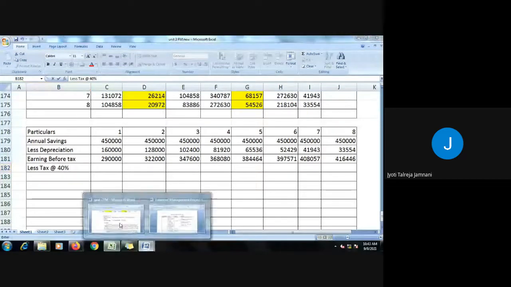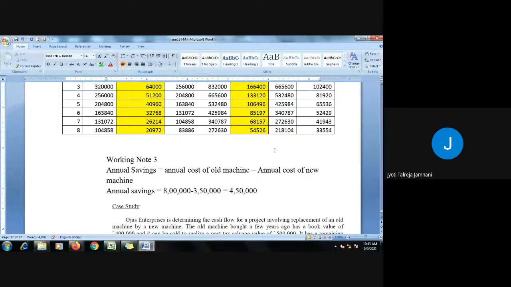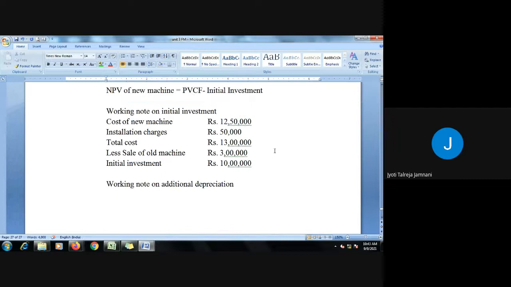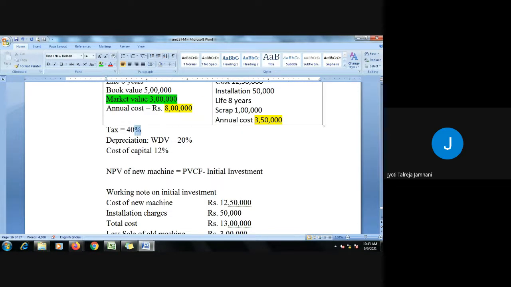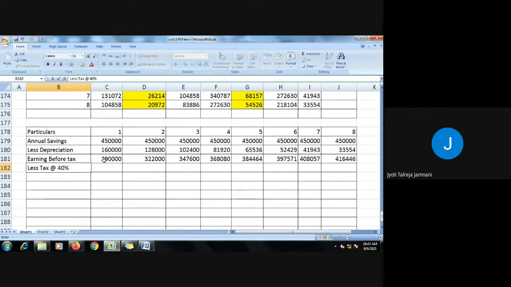Let's cross check once. See here, tax rate 40%, depreciation we took 20%. So we'll consider the 40% tax rate. So here on 2,90,000, 40% tax we have to calculate. 3,22,000 into 40%, 1,28,800.